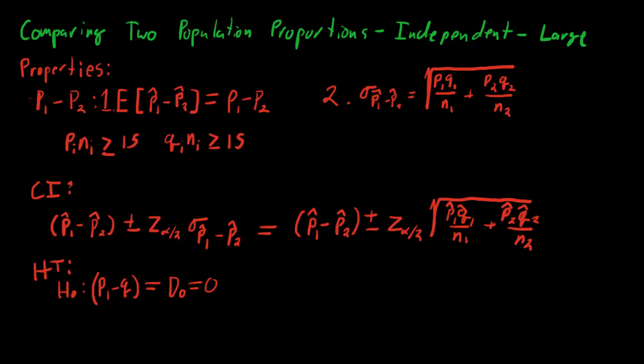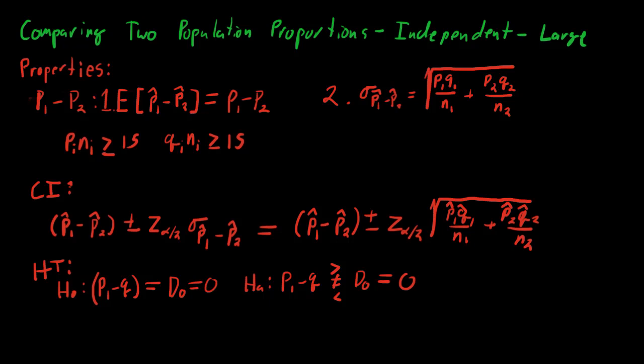For our alternative hypothesis, HA, we have P1 minus P2 greater than, not equal to, or less than D naught. Again, we normally set that to 0 because we're normally comparing to see if the population proportions are the same or different.